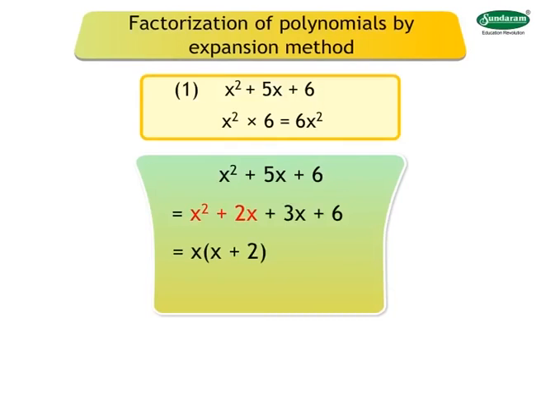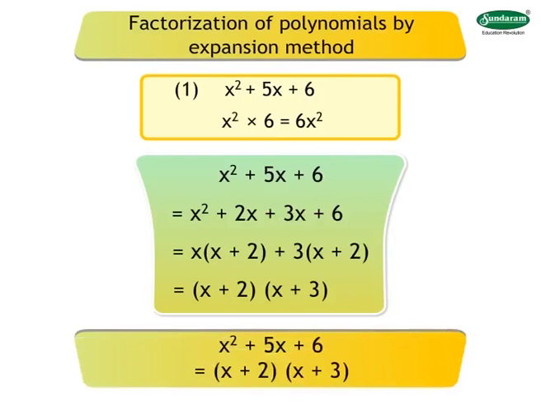For the third and the fourth term, plus 3x plus 6, taking plus 3 common, we get plus 3 into x plus 2. Therefore, it means x plus 2 in one bracket and x plus 3 in the other bracket. Hence, the factors of x square plus 5x plus 6 is equal to x plus 2 and x plus 3.